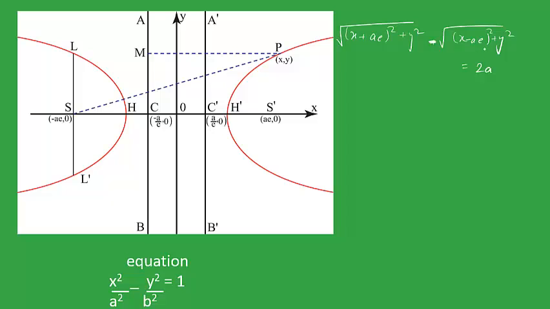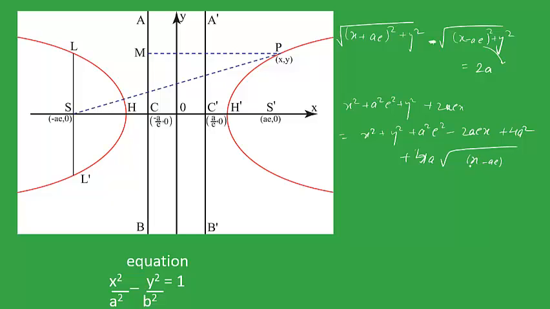Now taking this particular term to the RHS and squaring, we obtain x square plus a square e square plus y square plus 2aex is equal to x square plus y square plus a square e square minus 2aex plus 4a square plus 4a under root of x minus ae whole square plus y square.